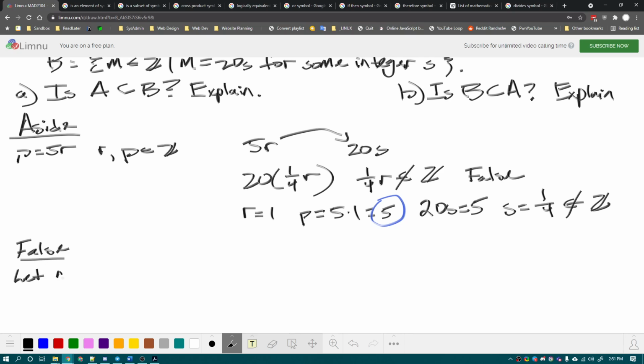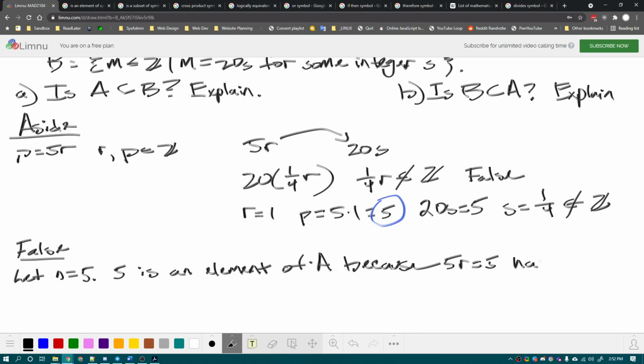Let n equal 5. 5 is an element of A because 5r equals 5 has integer solution r equals 1.